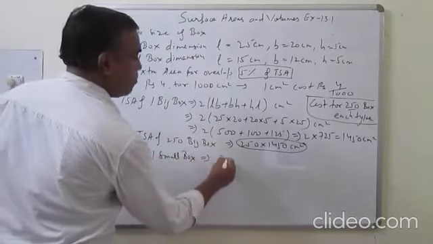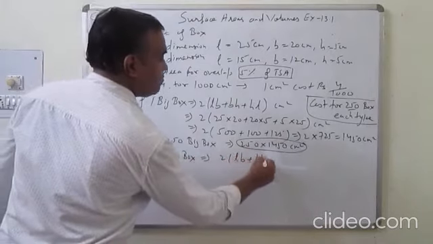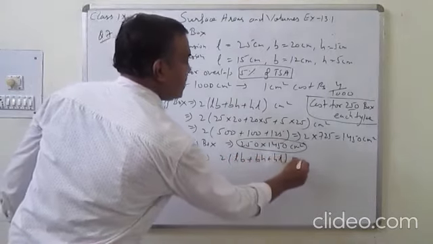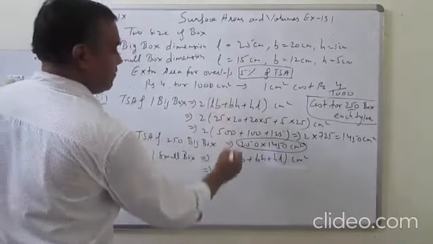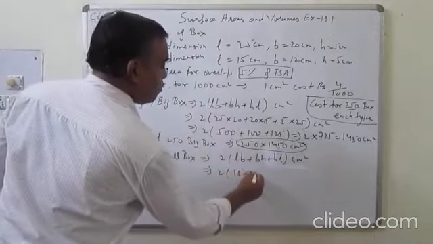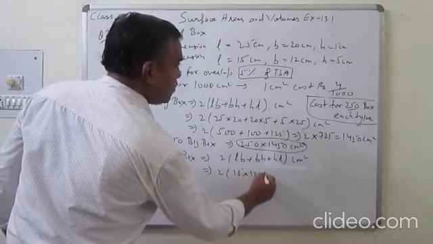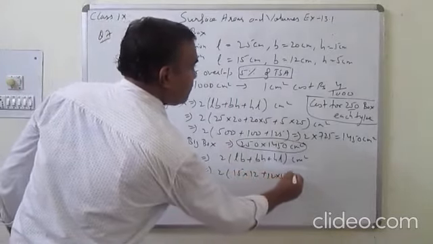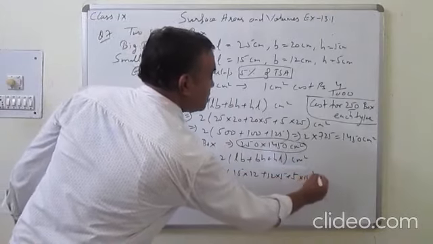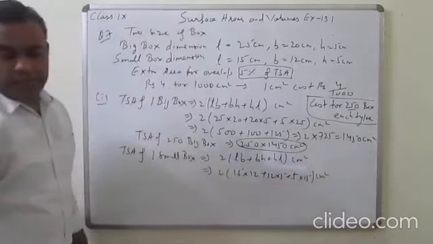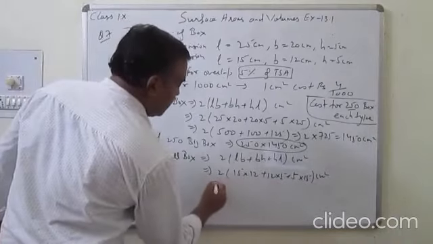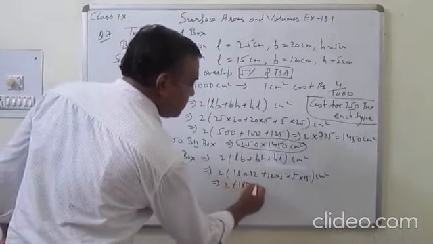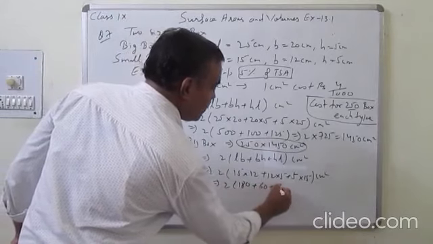So what is the formula? 2(LB + BH + HL) centimeter square. Now 2(15 into 12 plus 12 into 5 plus 5 into 15) centimeter square. Now multiply it, you will get 15 into 12 is 180 plus 60 plus 75.